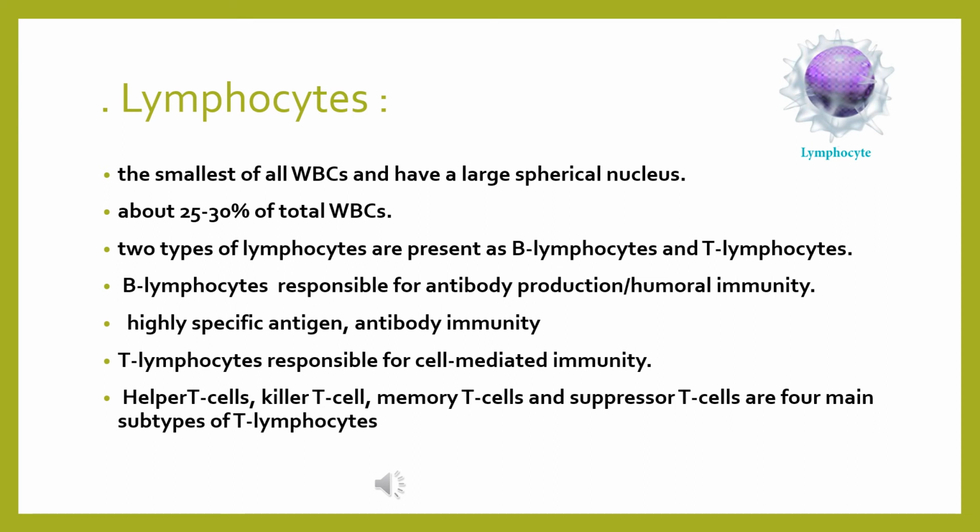The second type of lymphocyte is produced in the bone marrow cavity but matures in the thymus gland, and it is called the T lymphocyte.